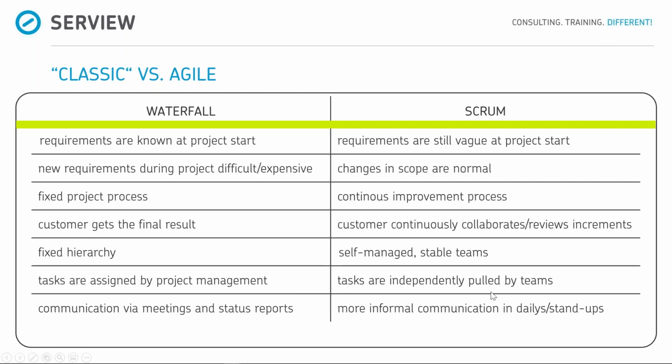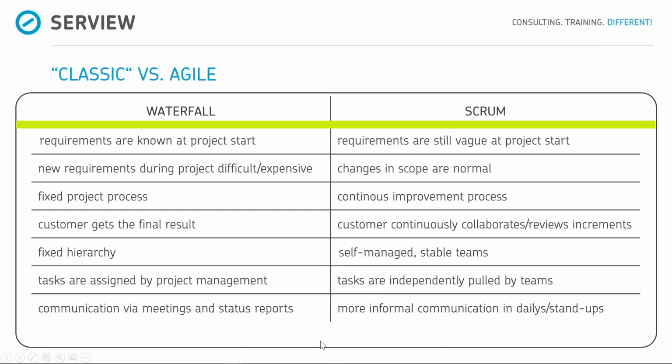Tasks are independently pulled by teams. We will call this a pull environment, whereas in the Waterfall area, we will talk about a push environment. So you are not asked, things just arrive on your desk. They're pushed to you, so to say. Whereas in Scrum or in Agile, when you are done, you will get up, walk to the work pile, and pull some new work.